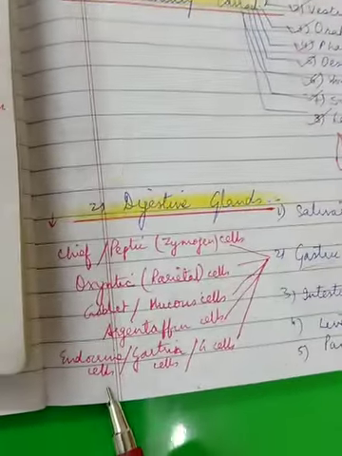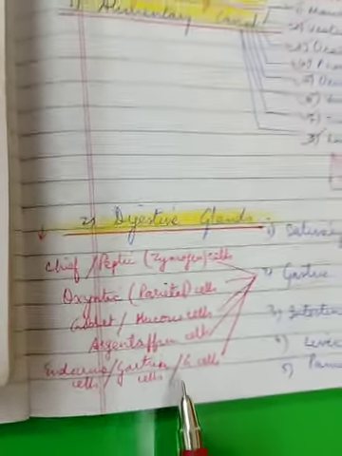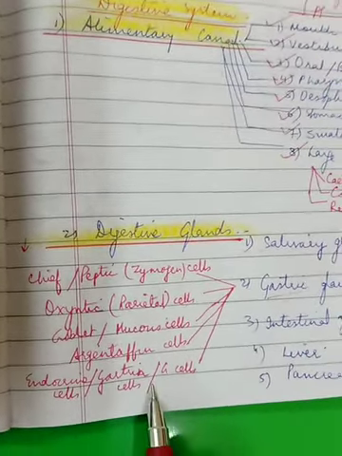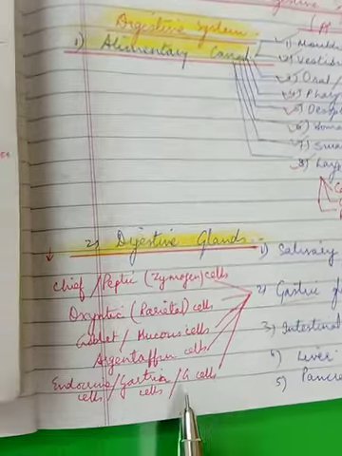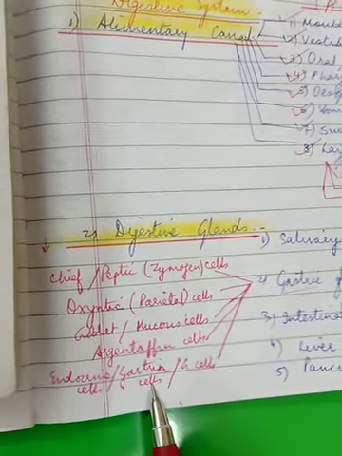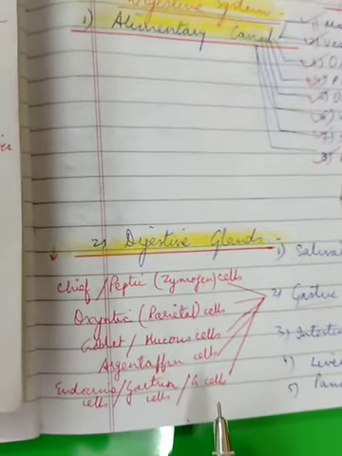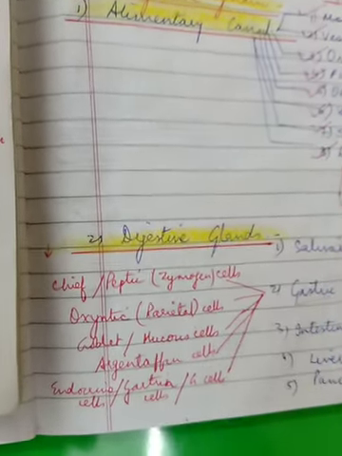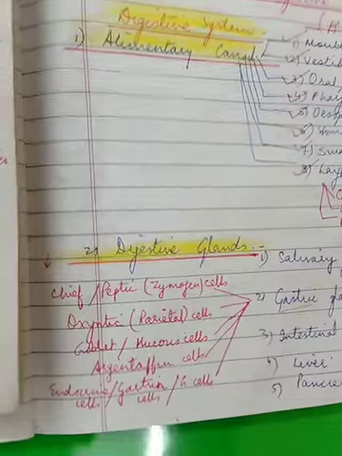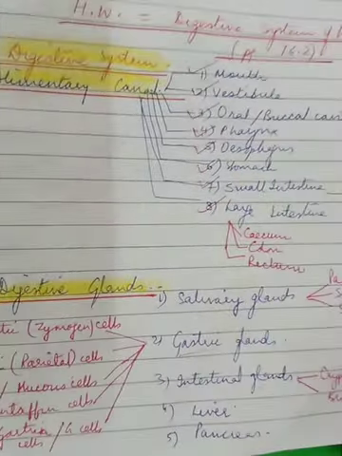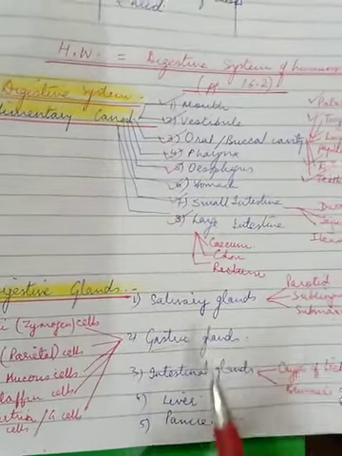And the last type is what we call the endocrine cells or the gastrin cells or G cells. They secrete a hormone, gastrin. You must have heard of gastrin. This stimulates the secretion of enzymes and HCl from gastric glands. So that's all about the second category of glands called gastric glands.